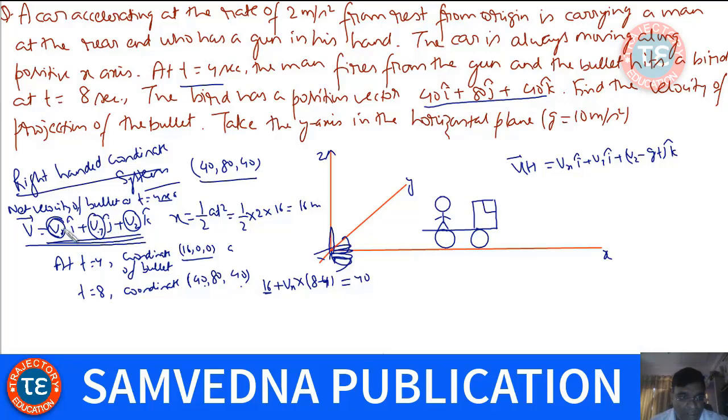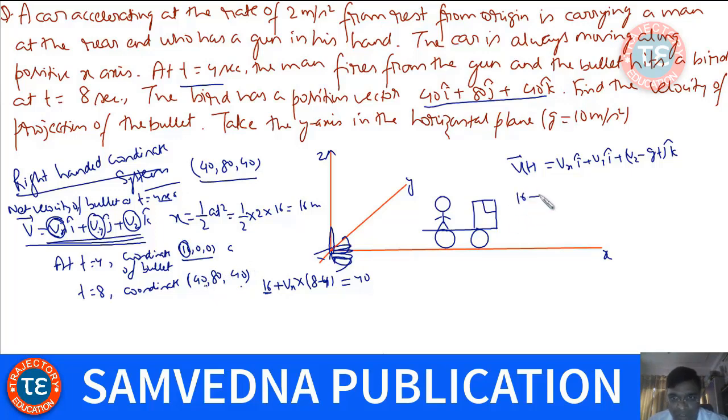As time passes, your Vx will not change, Vy will not change, but Vz is going to change, right? And as time passes, we want x, the initial x is 16 and the final x has to be 40.